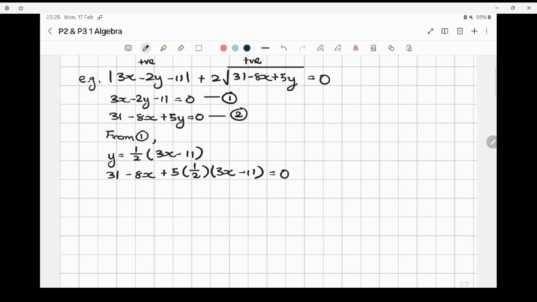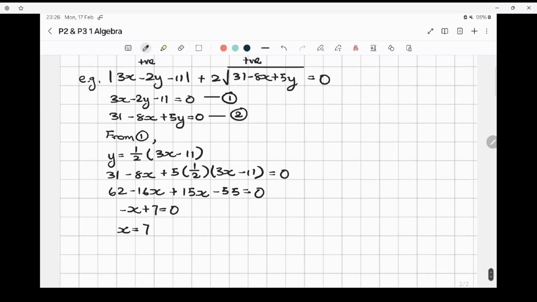So multiply everything by 2, you will get 62 minus 16x plus 15x minus 55 equals 0, or minus x plus 7 equals 0. So x will be equal to 7.